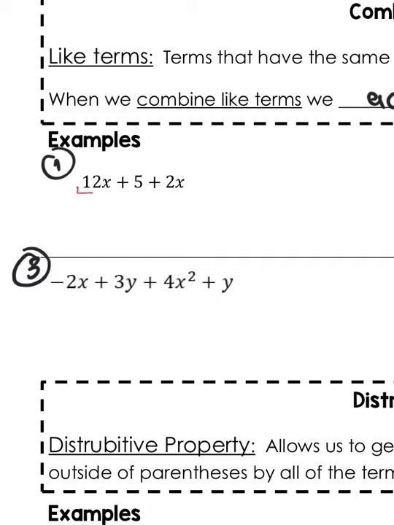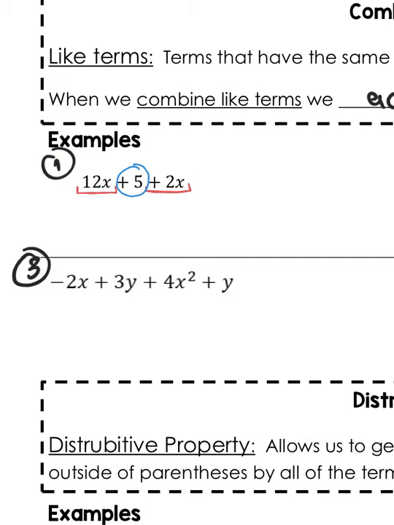The first term in my equation is 12x. The next term is positive 5. That doesn't have an x, so it can't be a like term with 12x. My last term is positive 2x. That does have an x, so it's a like term. 5 doesn't have any like terms. Poor constant, no friends, all by itself.